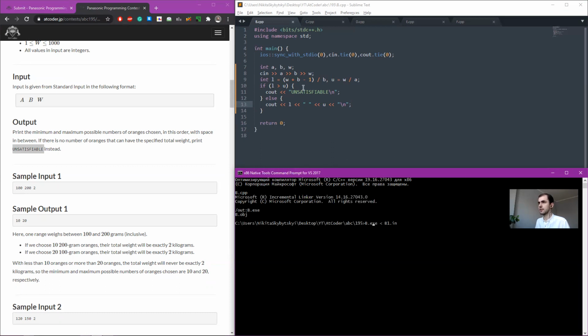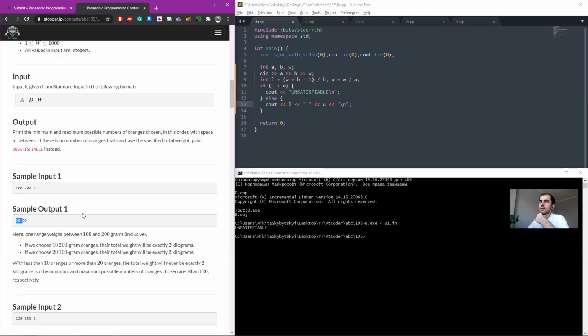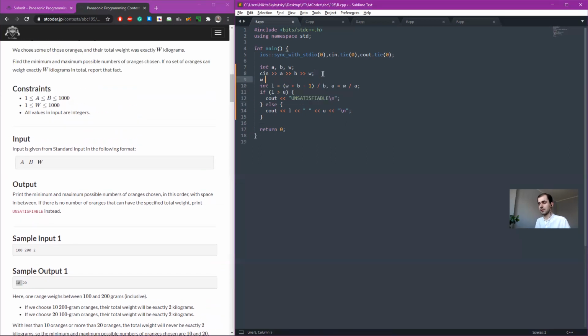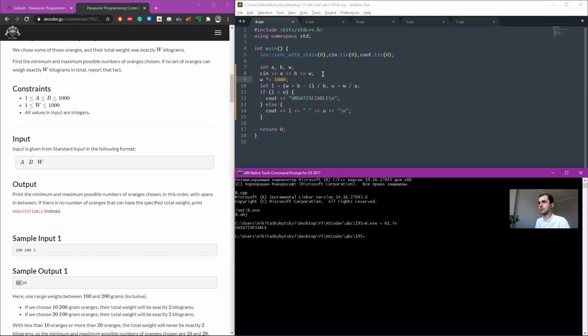Almost typed it correctly the first time. That's not good, because the first one is satisfiable. Oh, because W is in kilograms. Right, I have to recompile.